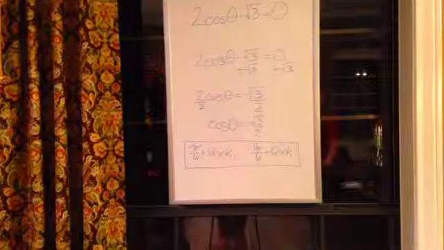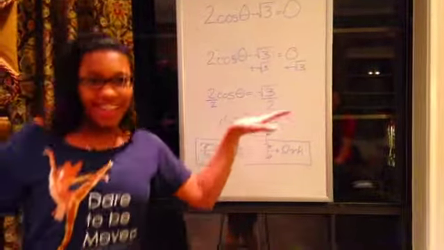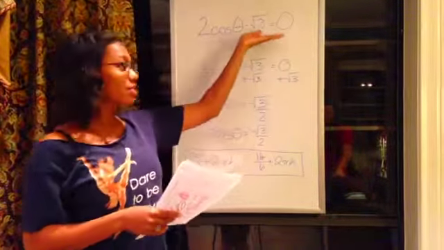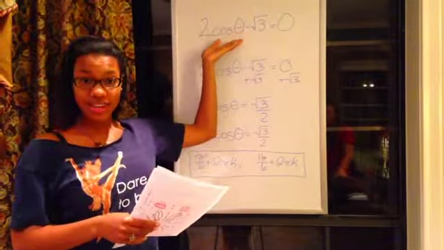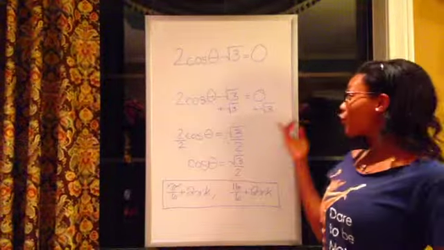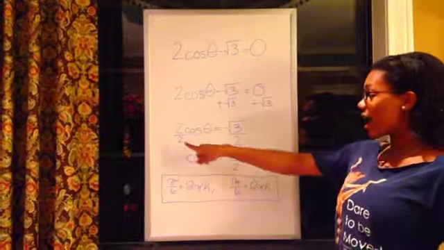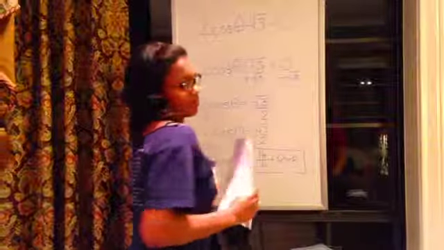Now I'm going to show you some examples I made. So you have 2 cosine theta minus the square root of 3 equal to 0, and you treat cosine theta like a variable. Next you add the square root of 3 to both sides and isolate cosine theta and divide each side by 2.